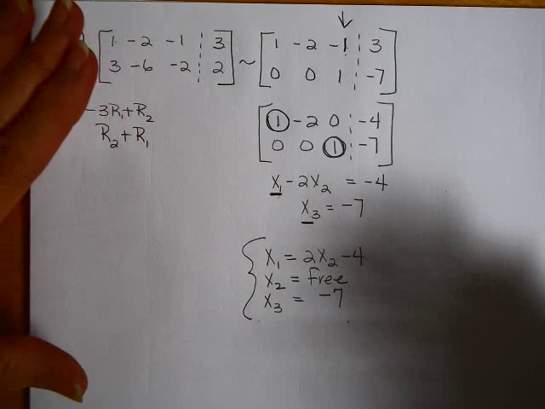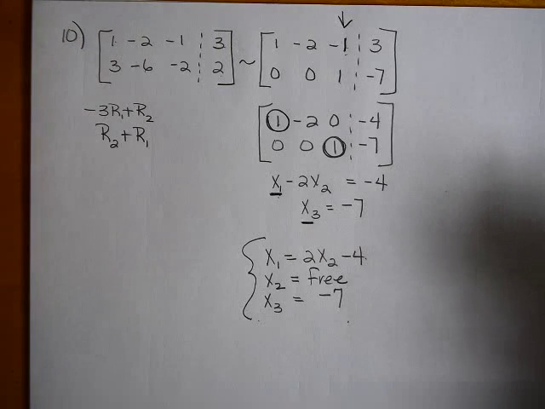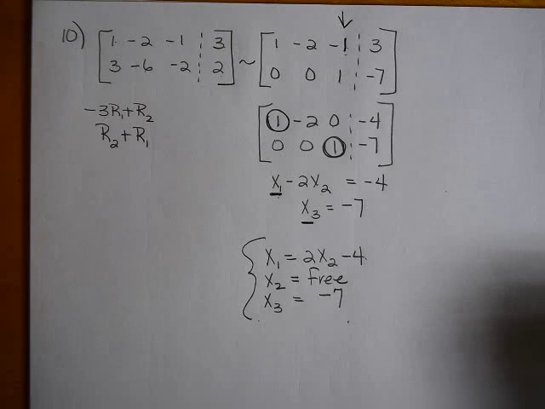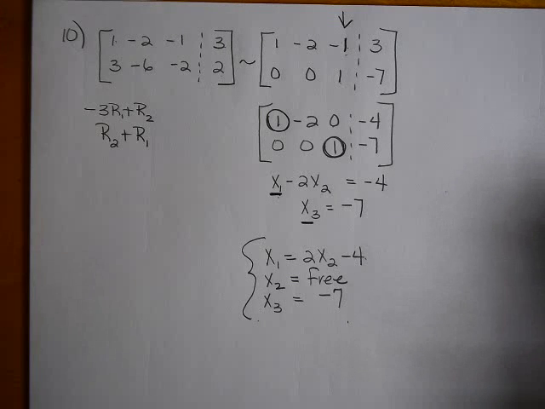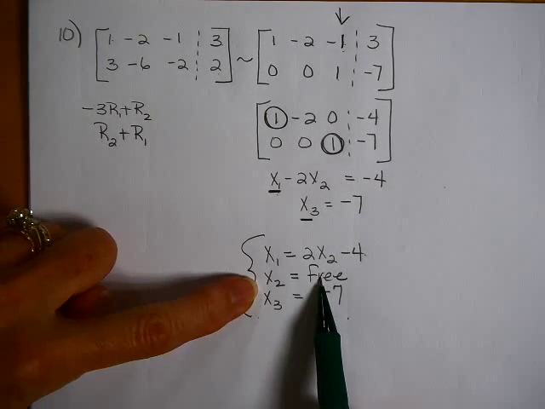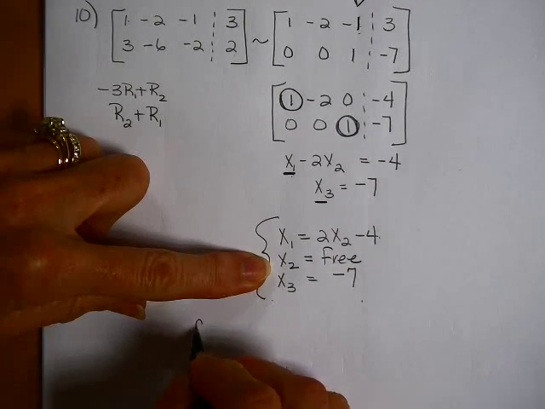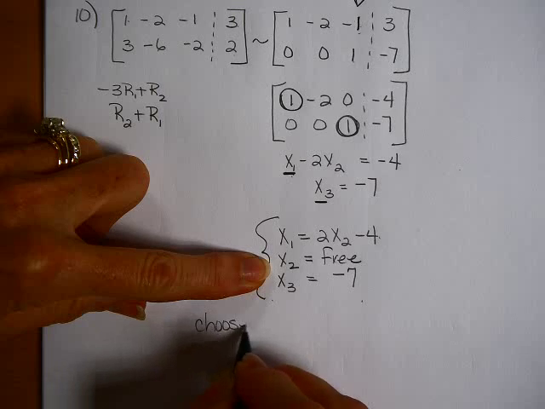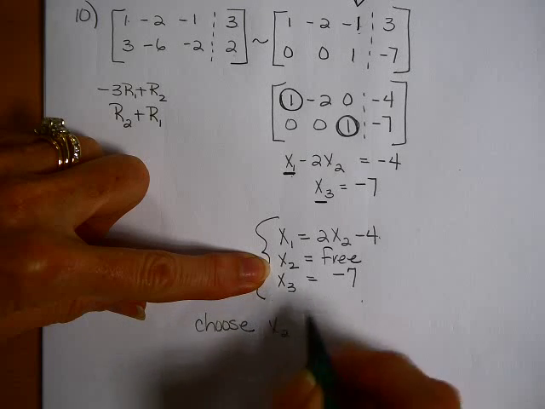Does everybody understand that? If I ask you to list me a couple of solutions, what could you do to list me some actual solutions? No, you don't have to do that. All you have to do is pick values for x2. So choose values for x sub 2.